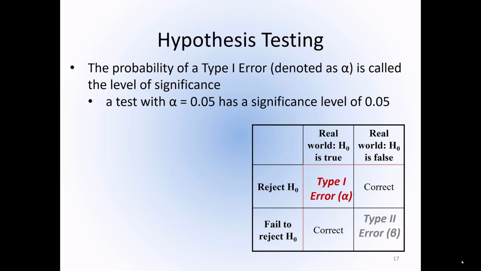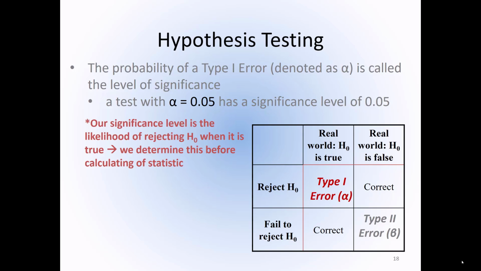So in this particular case, we have alpha equal to 0.05, meaning that our significance level is 0.05, which means that the likelihood of rejecting the null hypothesis when it's true is 0.05, or 5%.